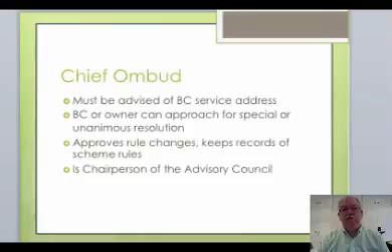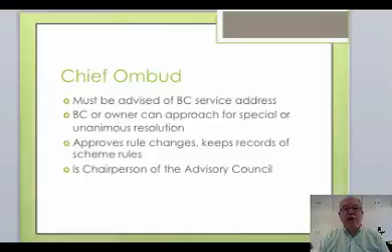The role of the Chief Ombud, who will probably sit up in Pretoria or Midrand or somewhere, is a centralized position, and the body corporate has an obligation to advise the Chief Ombud of its service address. Either an owner or a body corporate can approach the Chief Ombud for a special or unanimous resolution when they can't get one.